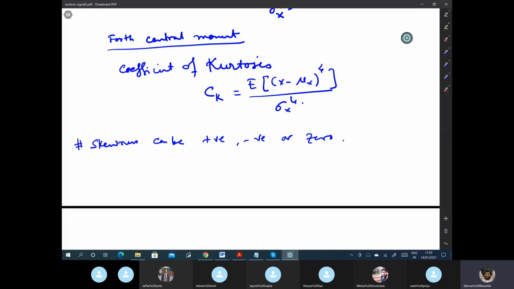So skewness can be 0. If skewness is 0, that means the PDF is fully symmetrical.